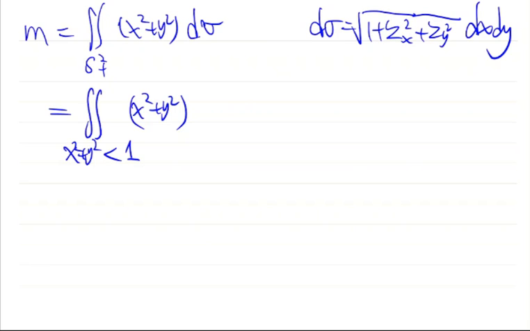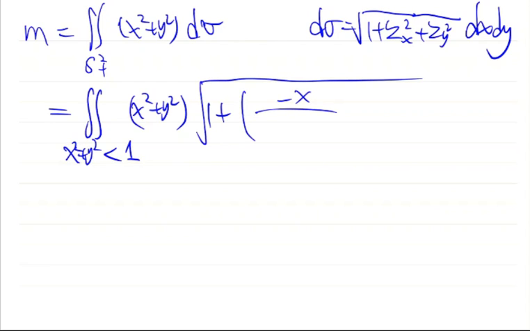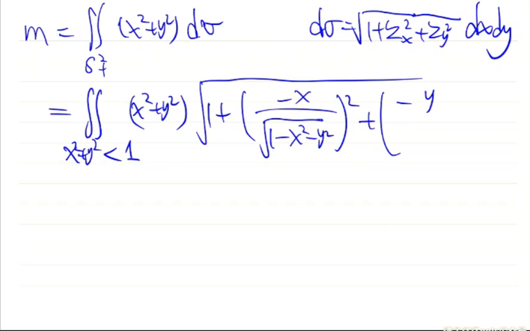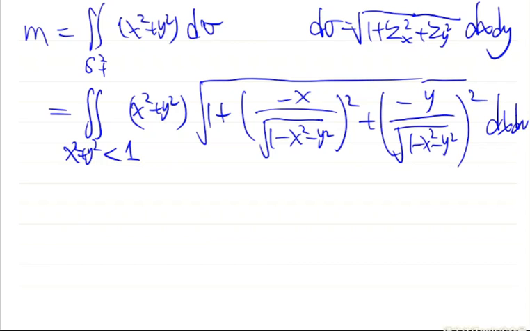Therefore, x squared plus y squared, times the square root of 1 plus z_x squared plus z_y squared, where z_x is minus x over the square root of 1 minus x squared minus y squared, and z_y is minus y over the square root of 1 minus x squared minus y squared, then dx dy.